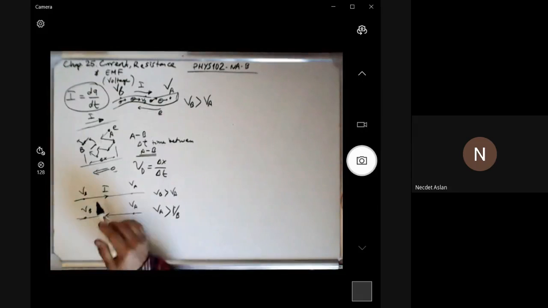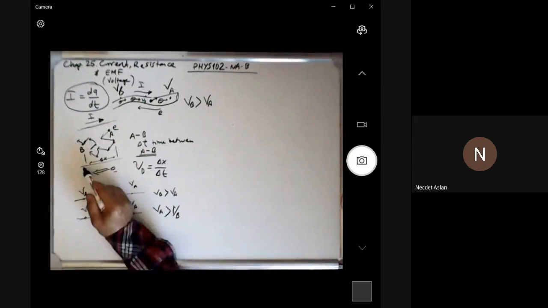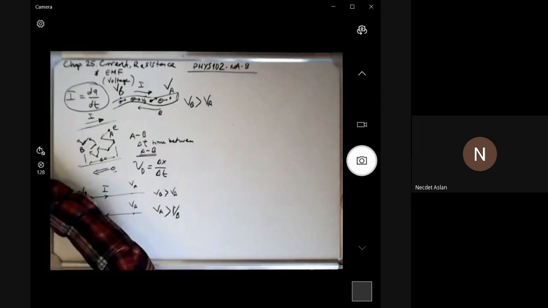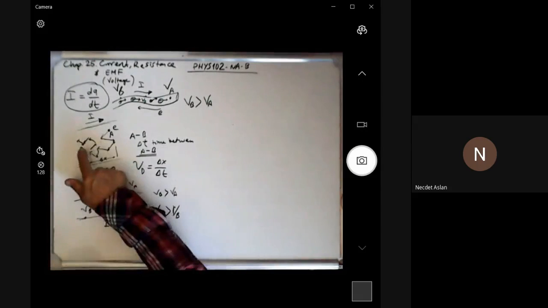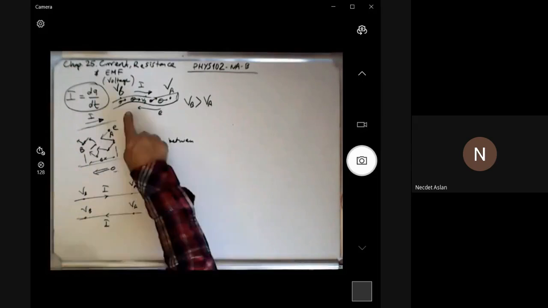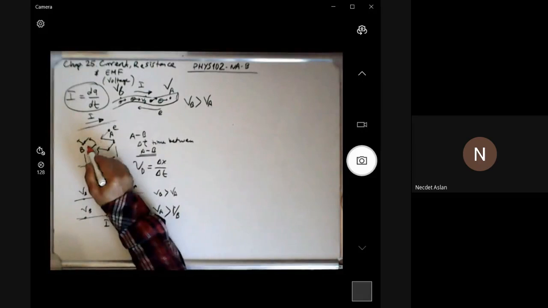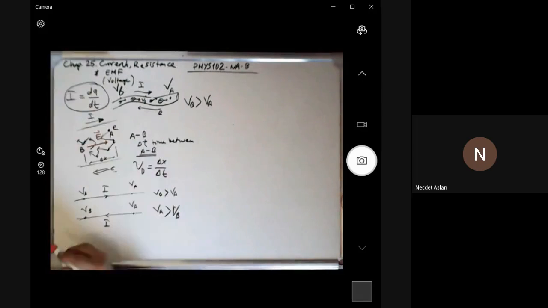Now also, if you look inside the cable, the net electric field is always in the direction of the current. Since VB is at higher potential than VA, there is a net electric field this way inside the cable.